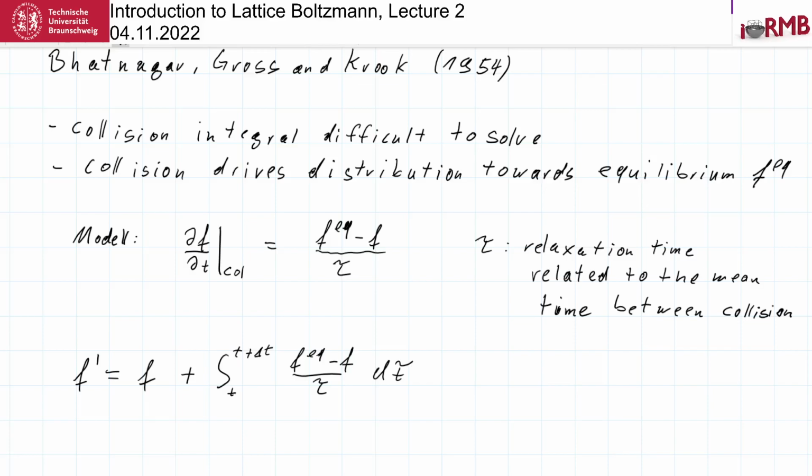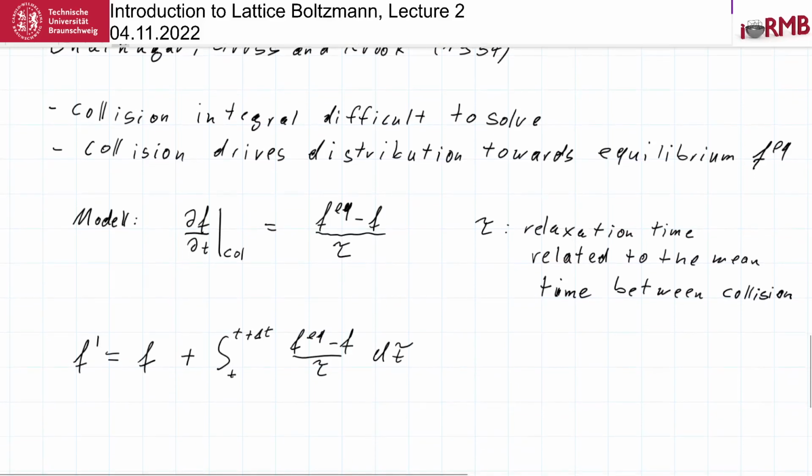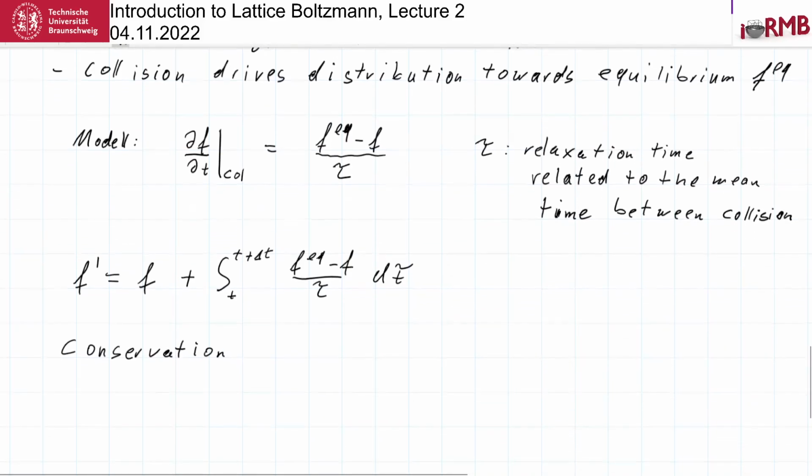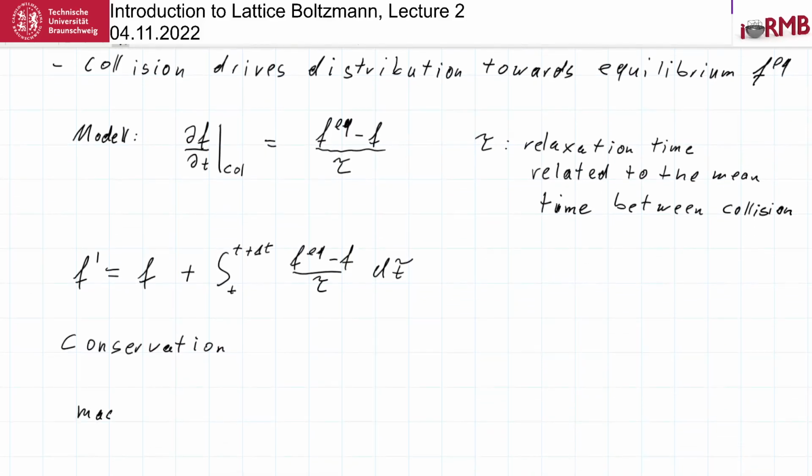So this collision operator is as conservative as it's supposed to be, namely it conserves the mass, which we can check by taking the integral over the entire velocity space, f eq minus f over tau.